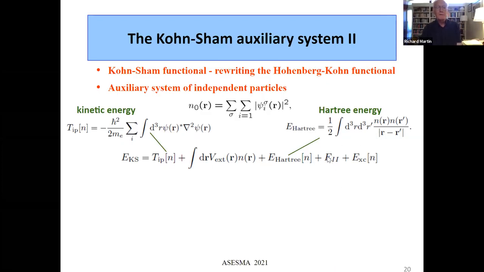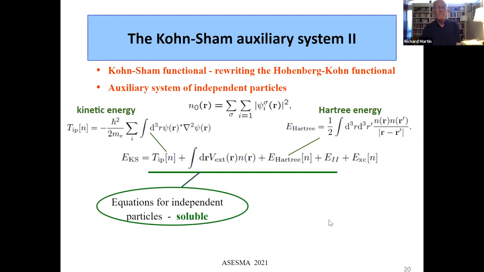The ion term, that depends on the nuclei, is just an additive term. And everything else, the fact that the electron's kinetic energy is not the same as independent particles, the fact that electrons are correlated with one another, and this is not the interaction energy, it's buried in this functional called E_xc.